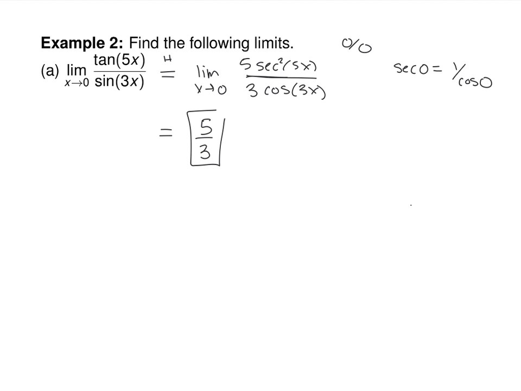So that limit is 5/3. And that's because secant of 0 is 1, and cosine of 0 is 1. So when you plug 0 into this part and this part, you get 1 for both of them. We had no other way to do that limit, did we? No.